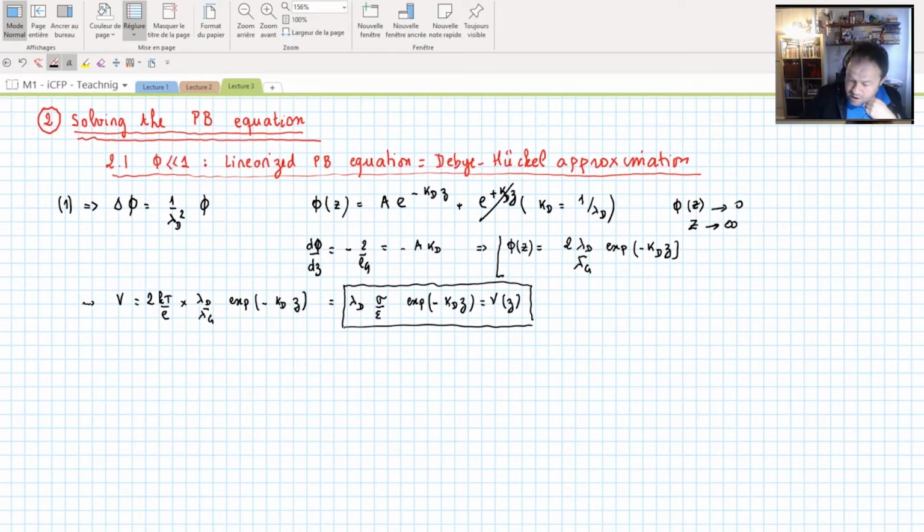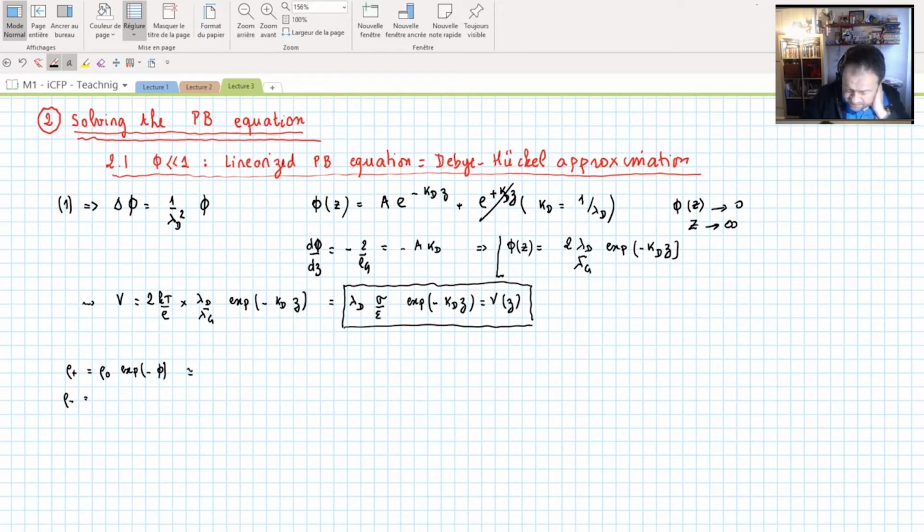Of course, we also want to calculate the density of ions close to the surface, which are rho plus and rho minus. For rho plus, I remember we have written rho naught, the density far from the surface, times exponential of minus phi.